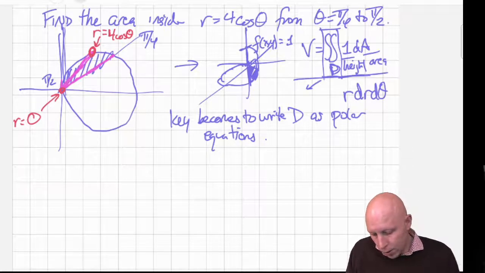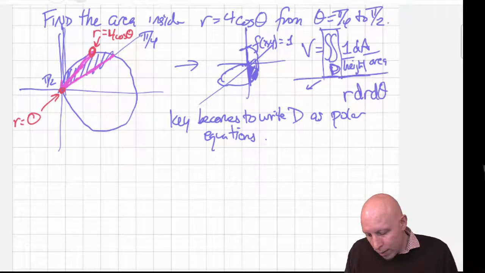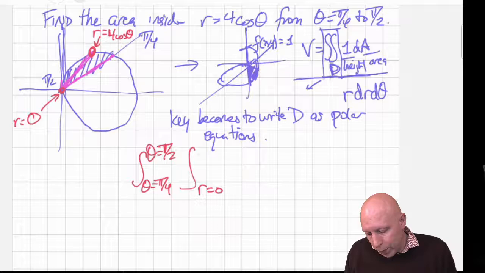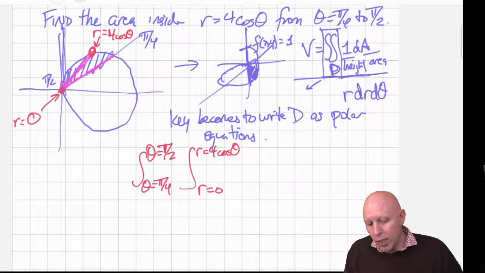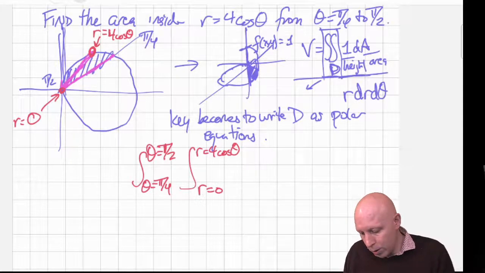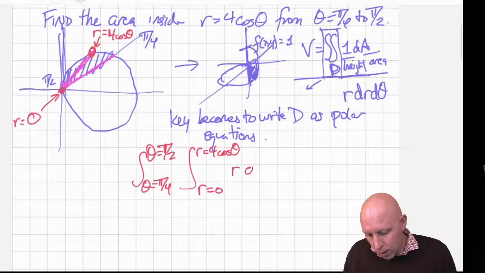So what that means is if we're writing down our double integral, we're going to start slicing at theta is equal to pi over 4, keep slicing until theta is equal to pi over 2, and then r is going to go from 0 up to 4 cosine of theta. And then we need to integrate just the function 1 dA, which we know is equal to r dr d theta.